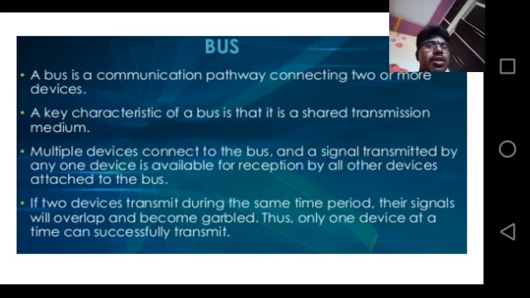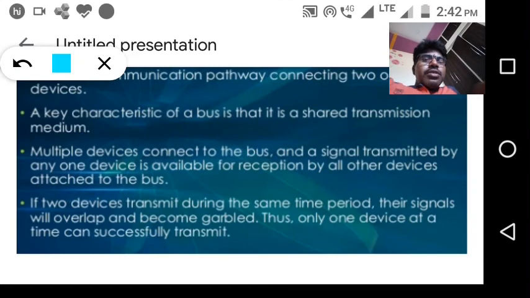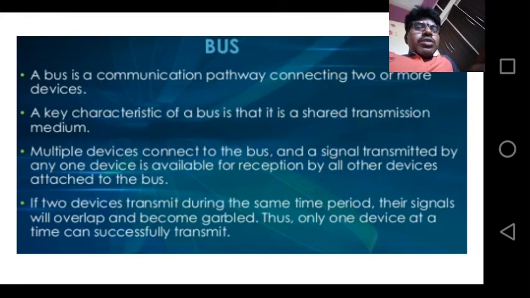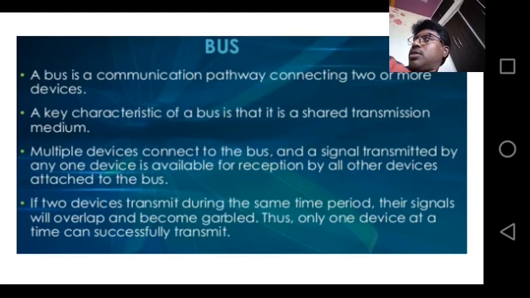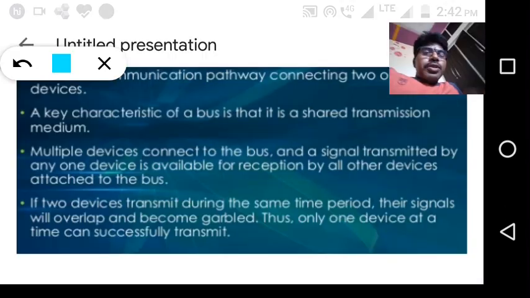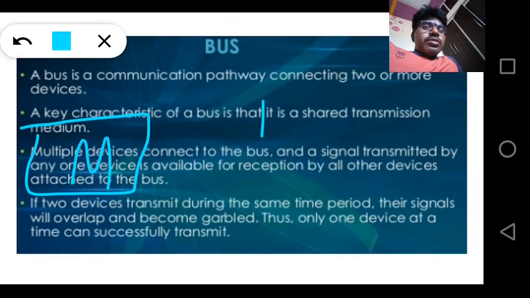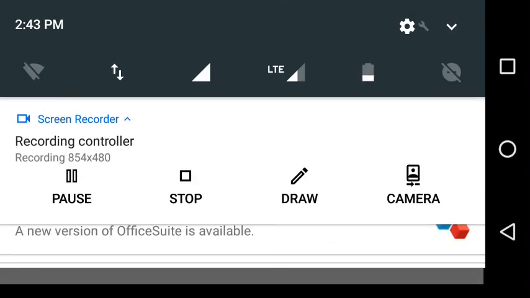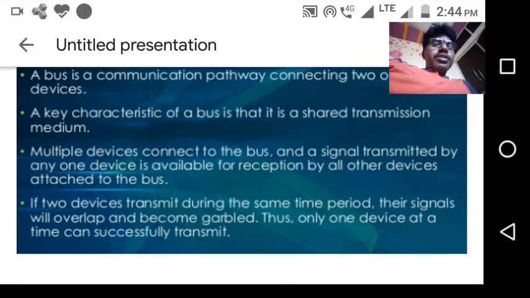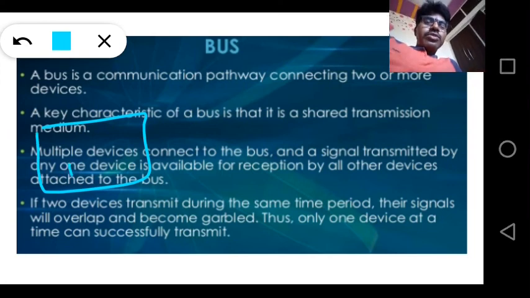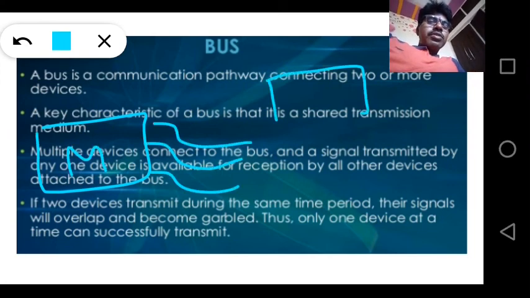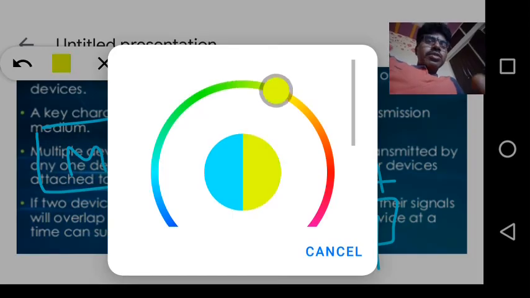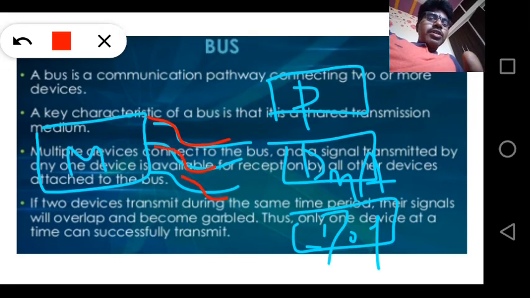That means, if this is my memory, this is the processor, this is the DMA, or an IO processor, and the data is over here, anyone can access it.